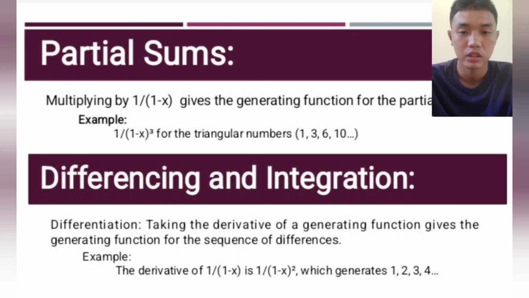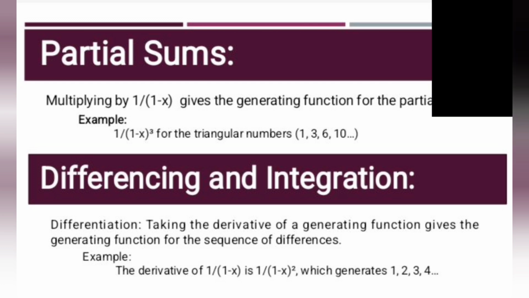Its derivative, 1 over (1 minus x) squared, generates the sequence 1, 2, 3, 4. So that's all. Thank you.